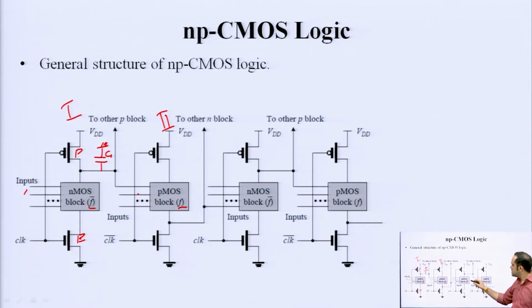The output of this stage goes to one of the inputs of the PMOS block and all other inputs are applied. The only difference is in how it uses the complementary nature of the P and N blocks: this stage 1, which is known as the N block or N tree, is working when clock is high, and this is working when clock is low.